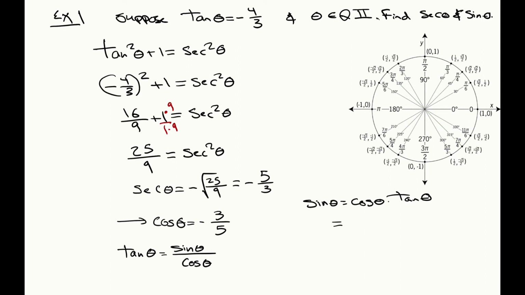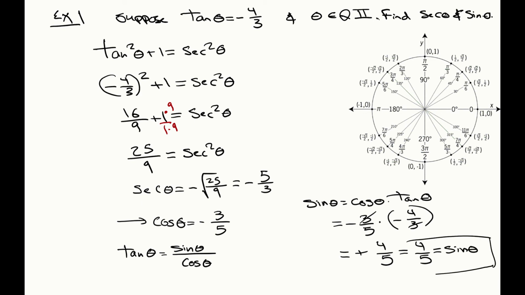So now we substitute -3/5 for cosine theta, and we go ahead and substitute -4/3 for tangent of theta from what was given to us from the beginning. Notice that the 3's cancel out, so we get +4/5. Of course, we'll just write that as 4/5, and that's going to be the sine of theta.